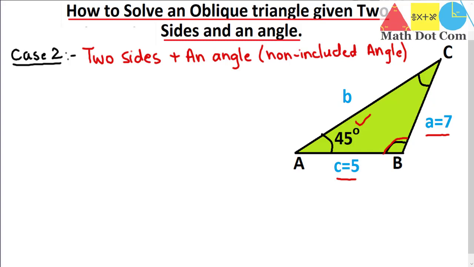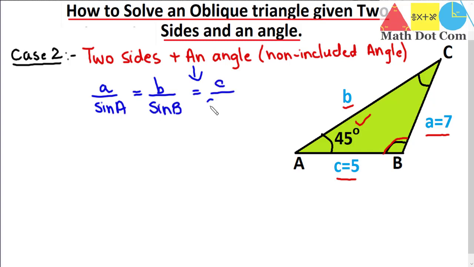If the angle is between both the known sides, that is A and C, that will be an included angle. But when you come across a non-included angle, you have to use the law of sines. So here we will use the law of sines, that is A divided by sine A equals B divided by sine B equals C divided by sine C.